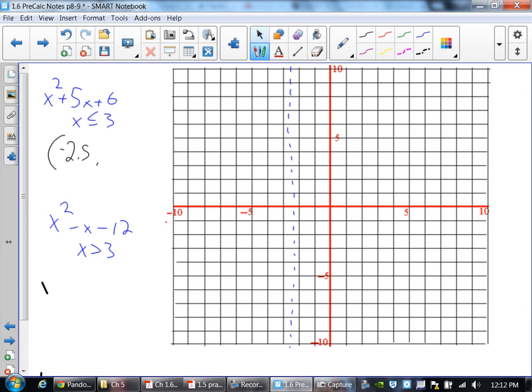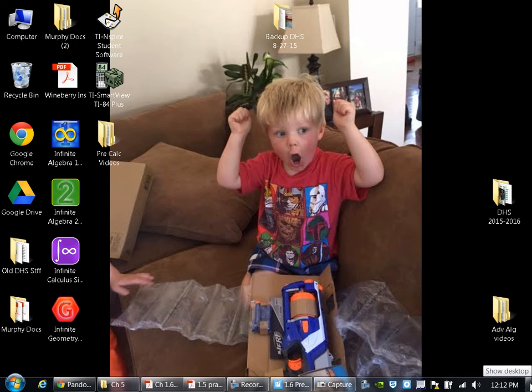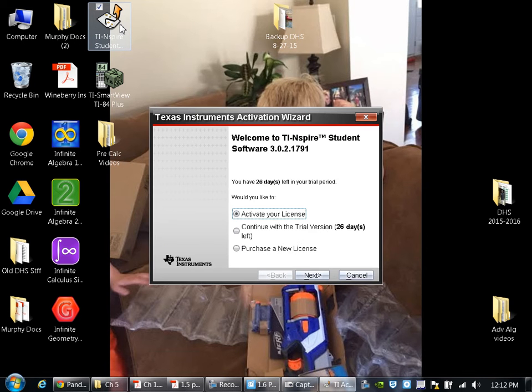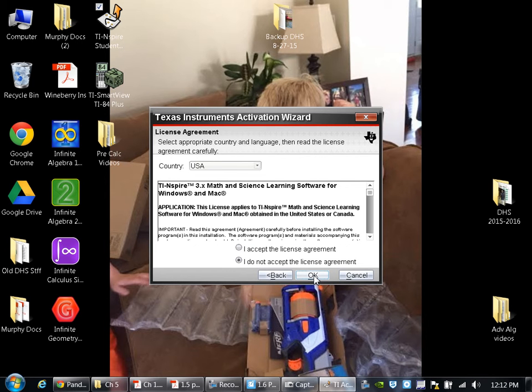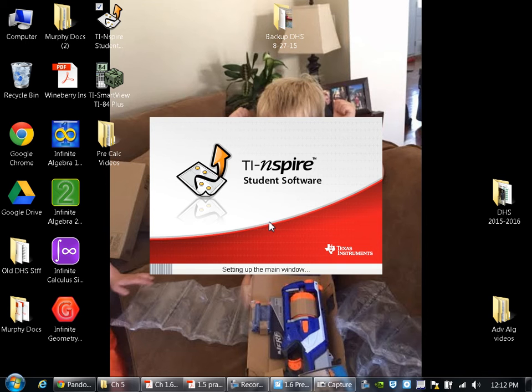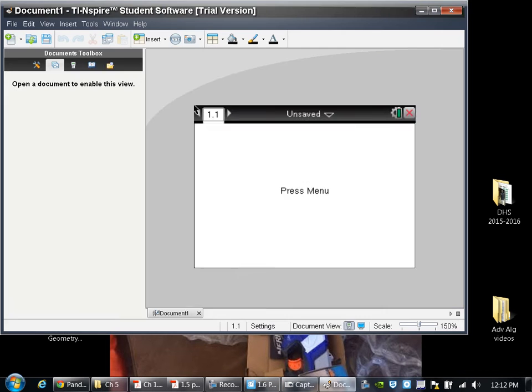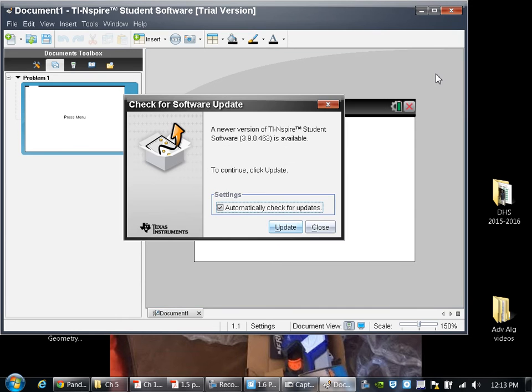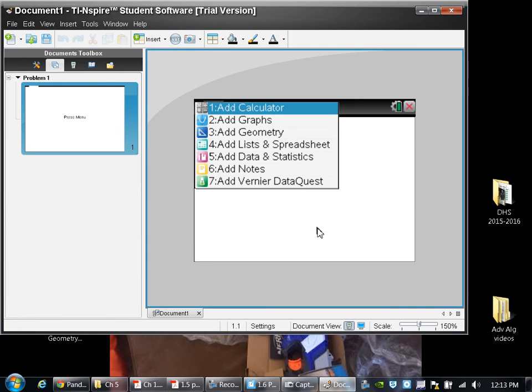When I use my calculator, I only just got this thing installed. Of course, it says my license isn't right, but the license was right there on the CD that I used. Okay.